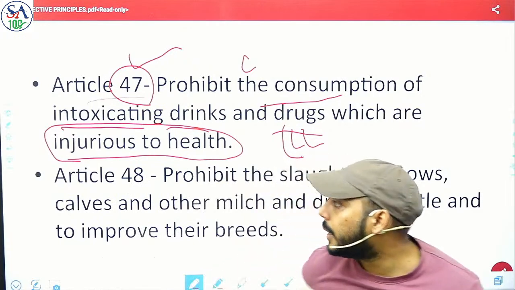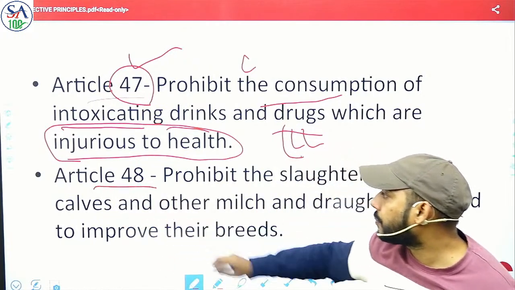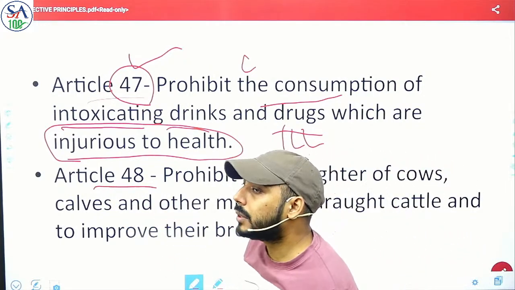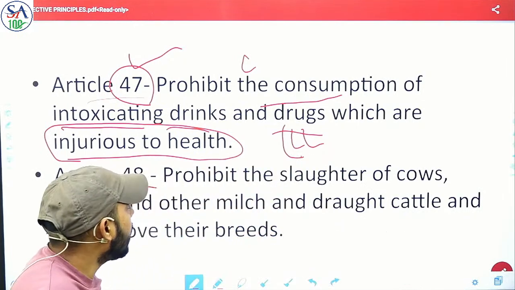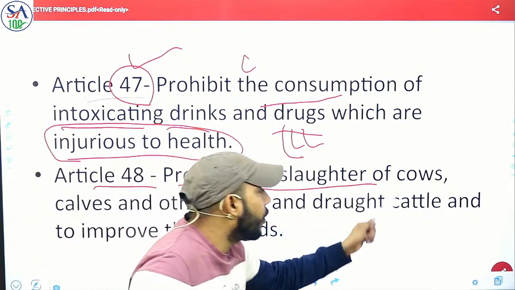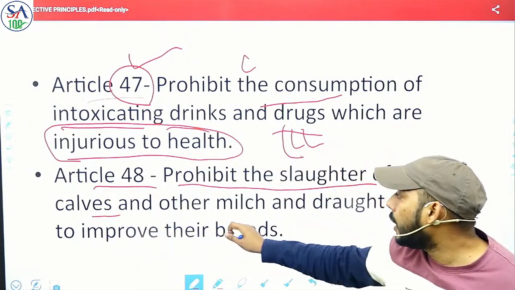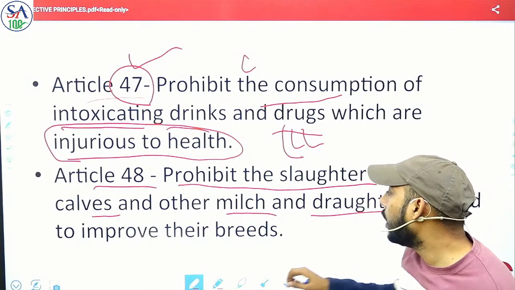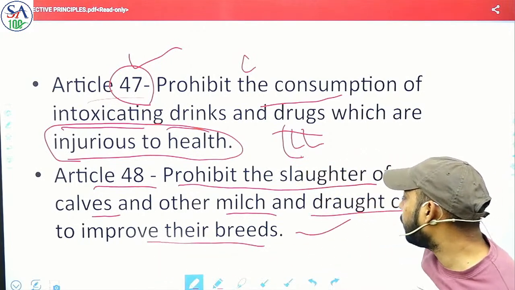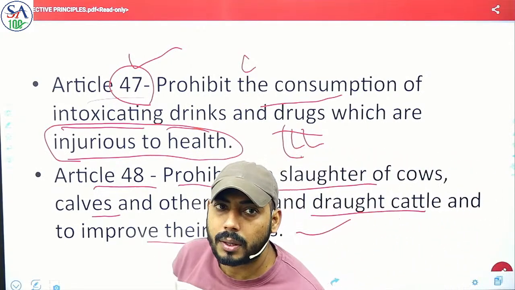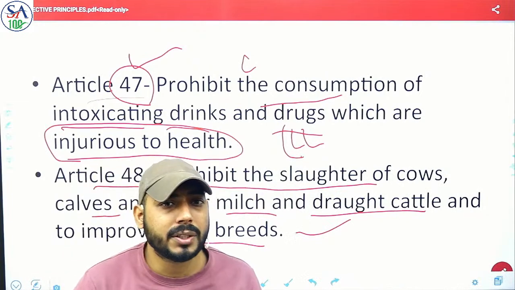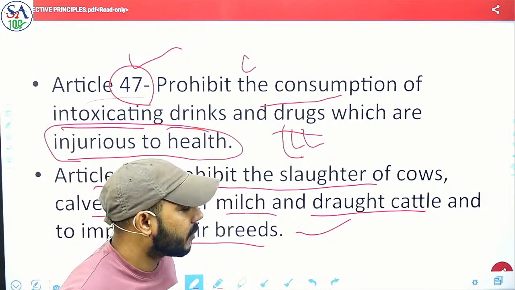Next is Article number 48. What does it say? It says to prohibit the slaughter of cows, calves and other milch and draught cattle, and to improve their breeds. I think there is not much to explain in this article.